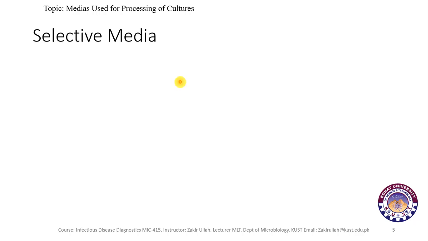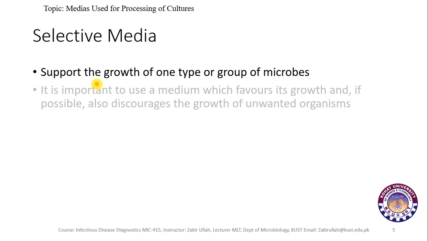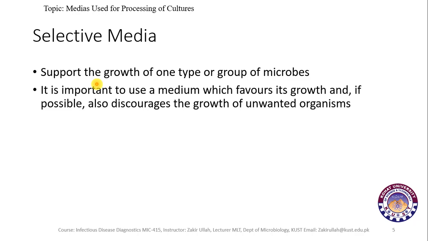The second type of media is the selective media. As the name indicates, this is a type of culture media which supports only the growth of one type of bacteria or a group of one type. So this media is required for providing support to only one type or one group of microbes.